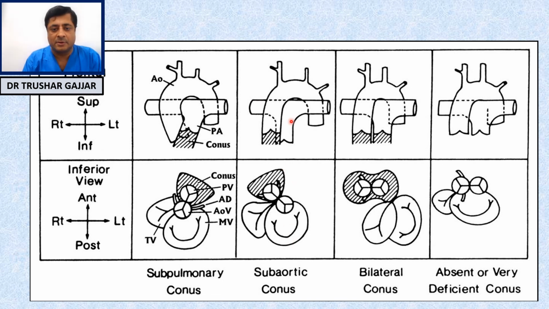This will lead to the formation of transposition of great artery. Here, both conuses are present, which leads to the formation of double outlet right ventricle. And here, both conuses have disappeared, so this will lead to the formation of double outlet left ventricle. So normal heart, transposition of great artery, double outlet right ventricle, double outlet left ventricle.